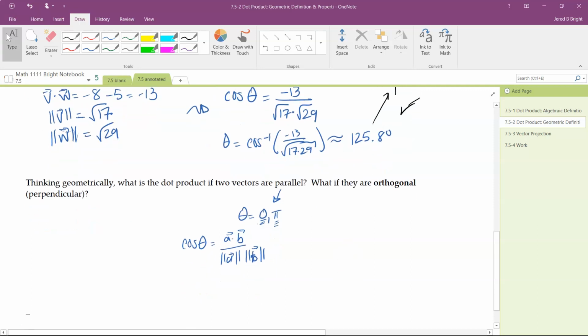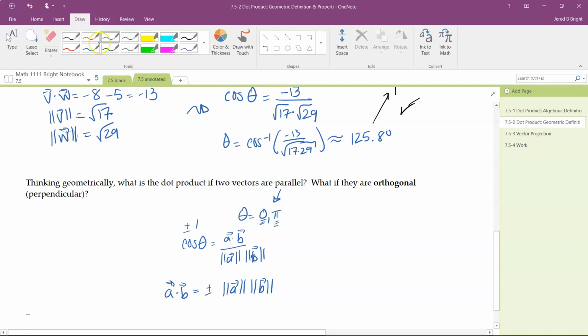So in the case of parallel, we get that A dot B could be either plus or minus the magnitude of A times the magnitude of B.